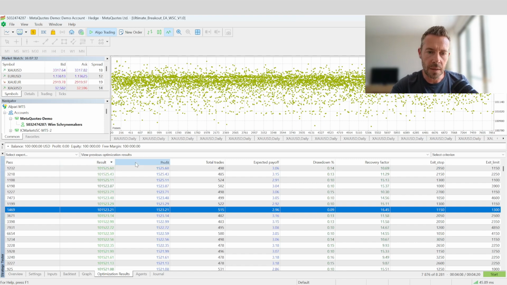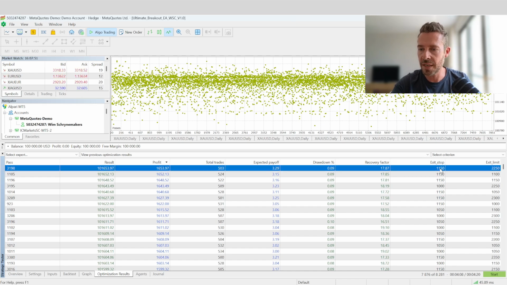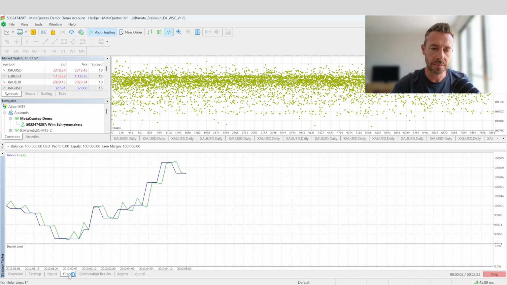Now if we rank it by profit, so we're going to try to find a higher profit, let's go all the way to the top. We can see 1650, so that is a bit higher, and even the recovery factor is a bit higher. So actually this is a better strategy already. The only thing that changed is, this is the same, we have a bit of a higher take profit. So we're going to run a quick test on this one.